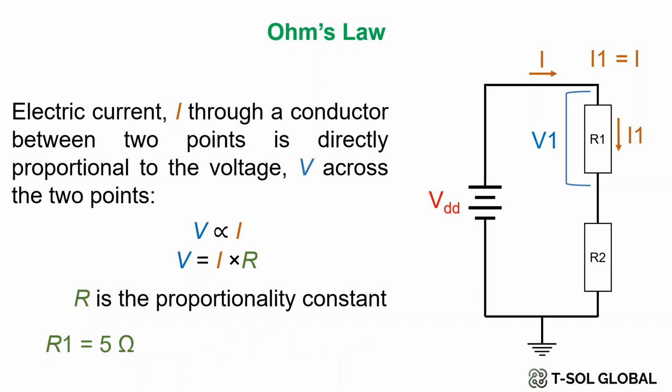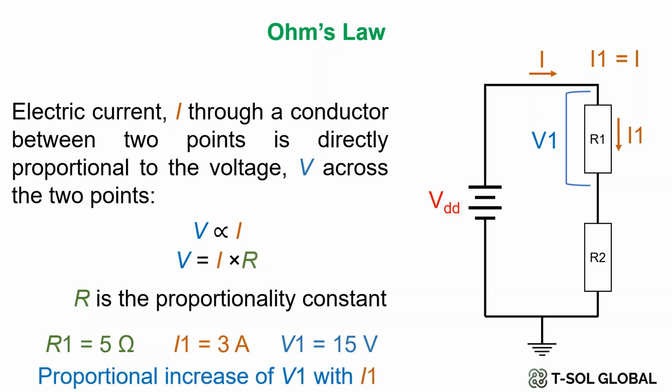Next, if we increase I1 to 2 ampere, then it will give us V1 as 10 volt. Next, if we increase I1 to 3 ampere, then it will give us 15 volt from Ohm's law. Therefore, we can see a proportional increase of V1 with I1.